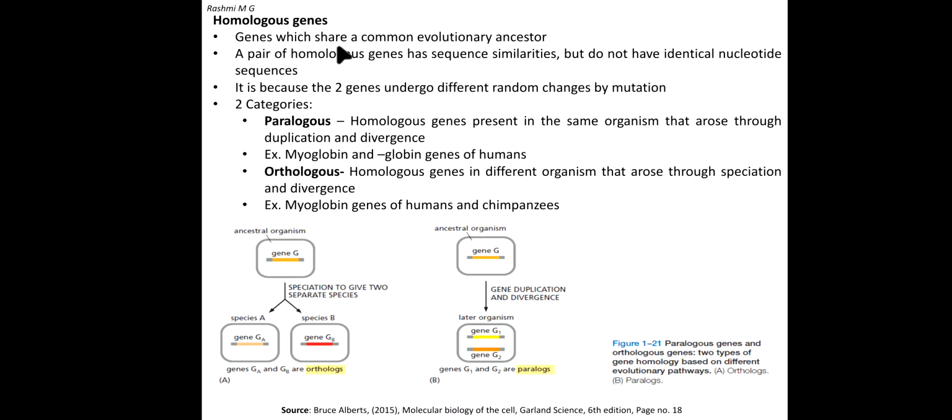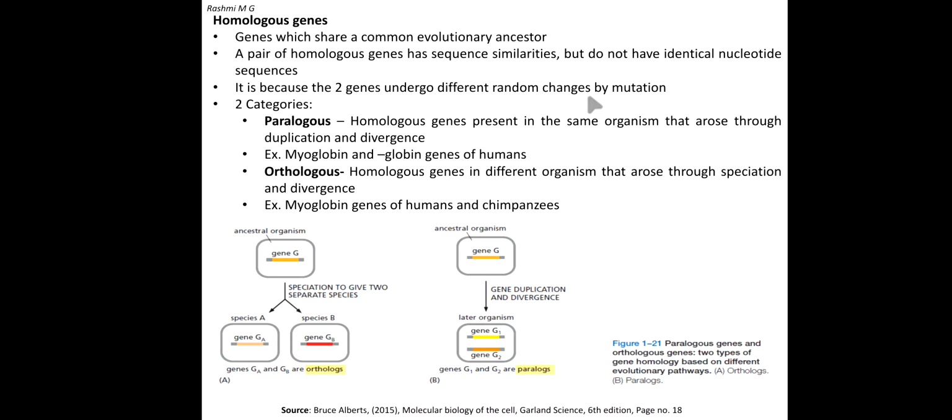Homologous genes are genes which share a common evolutionary ancestor. A pair of homologous genes has sequence similarities. Some of the sequence is the same in a pair of homologous genes, but they do not have an identical nucleotide sequence, because the two genes undergo different random changes by mutations.